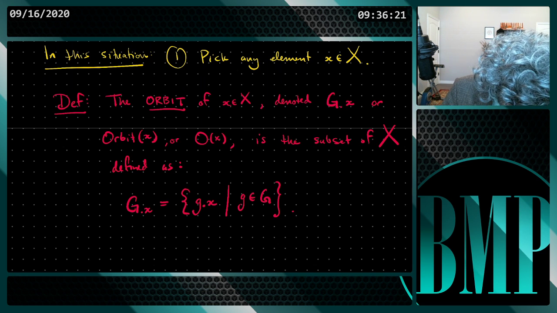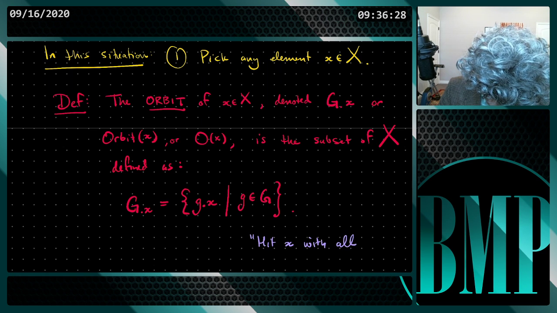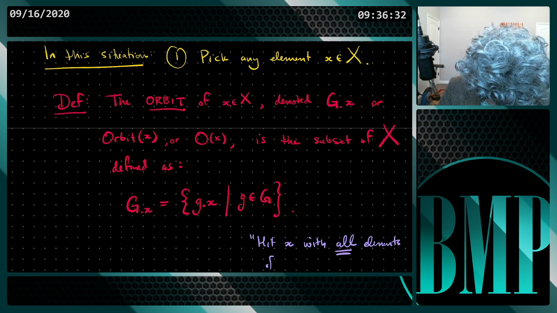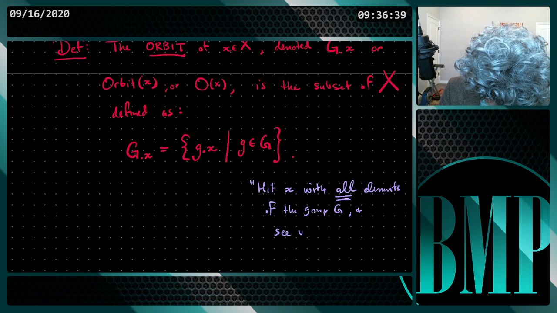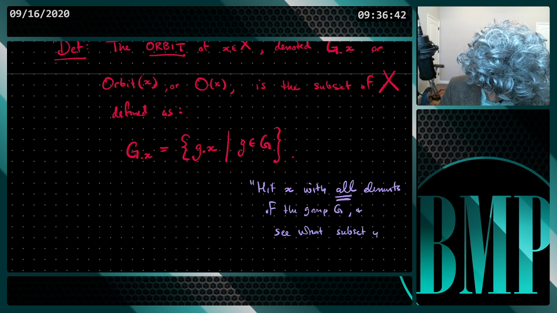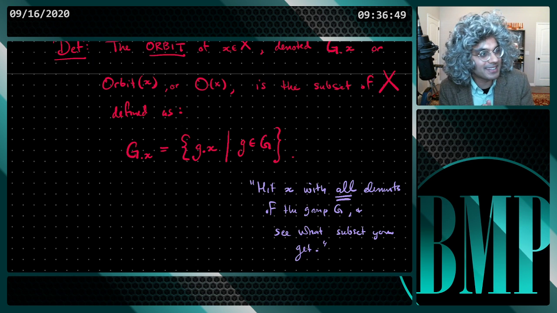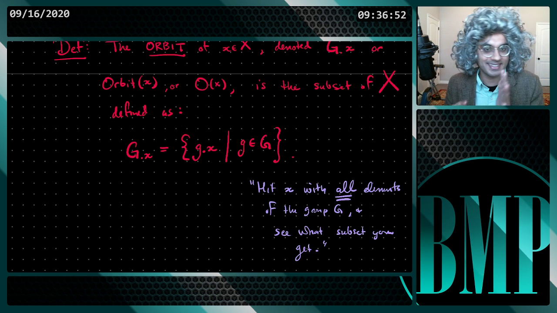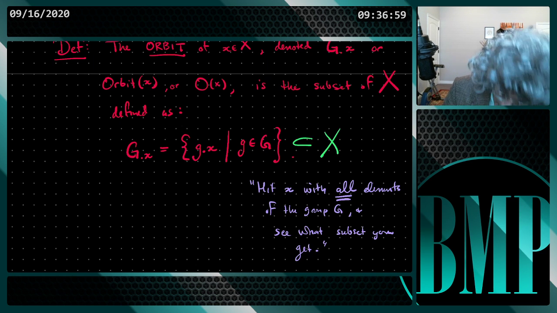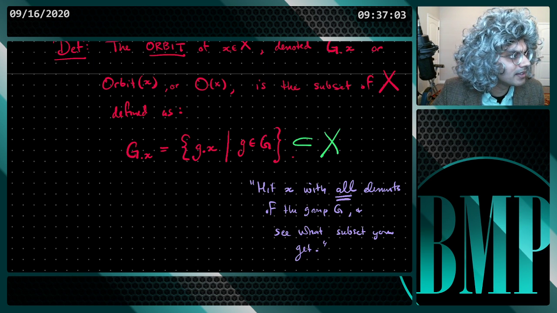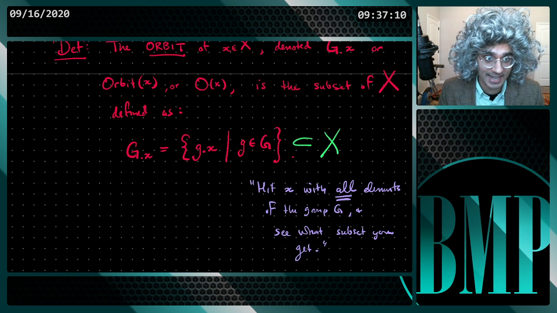So the way you read this is: hit x with all elements of the group and see what subset you get. Notice that the orbit is a subset of X. Okay, yeah. The orbit is a subset of the set X.